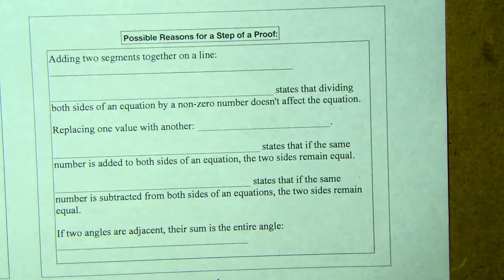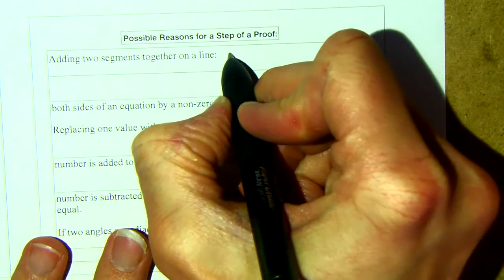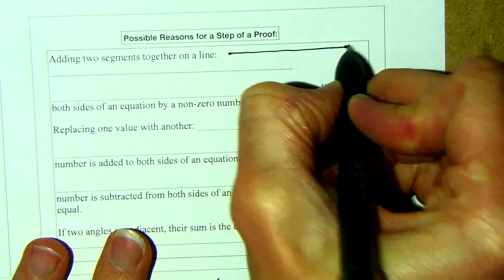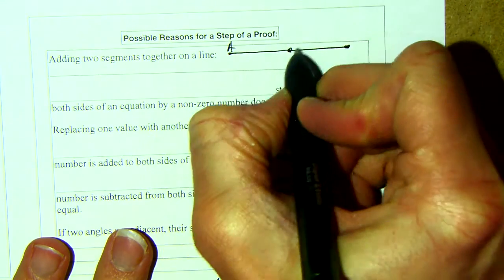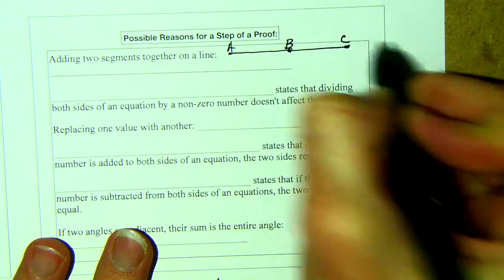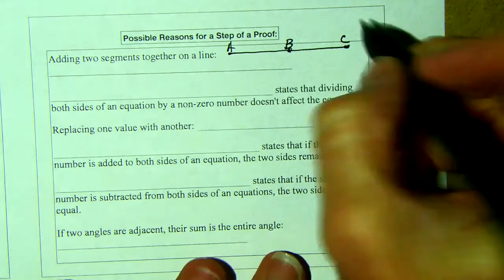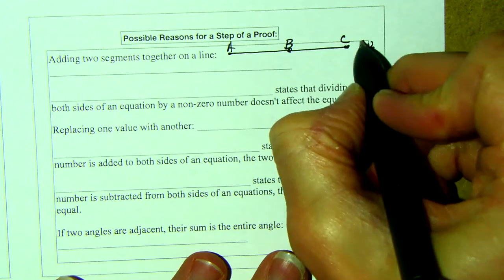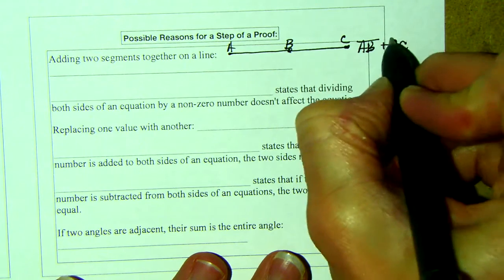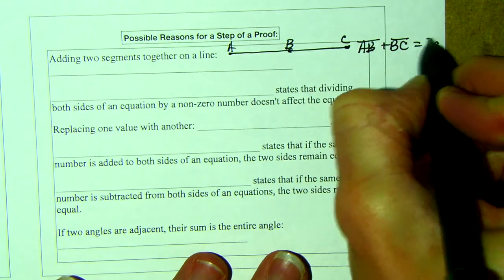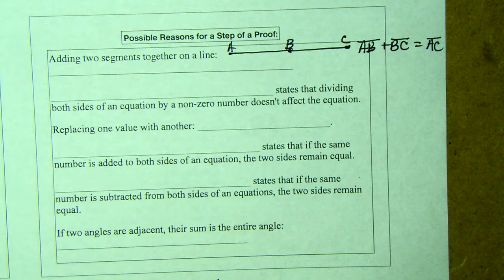So if you are ever adding two segments together, say for example, you have a line segment and A, B, and C are all on the same line, and you say that AB plus BC equals AC, duh, right?